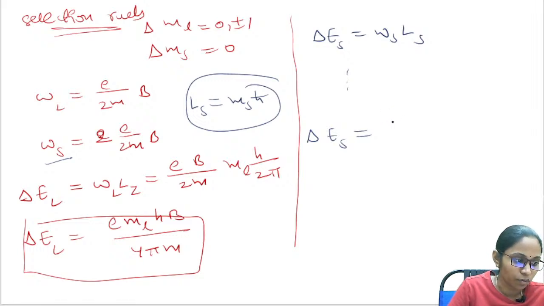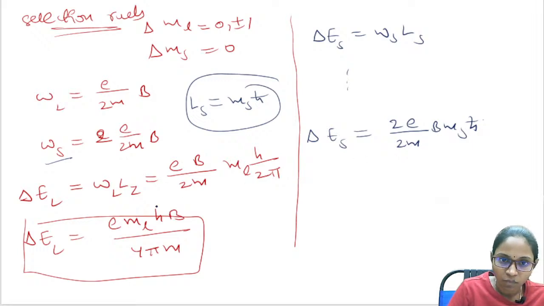It will be equal to 2e by 2m into B MS h cross, right? And if you solve this equation, it will be e by m into B into MS h cross.